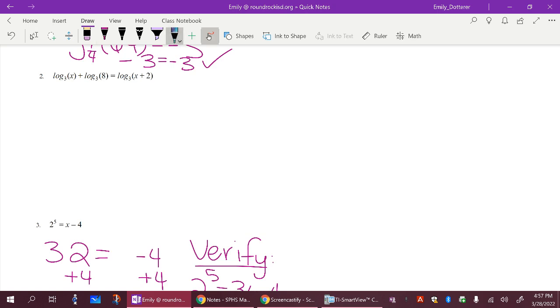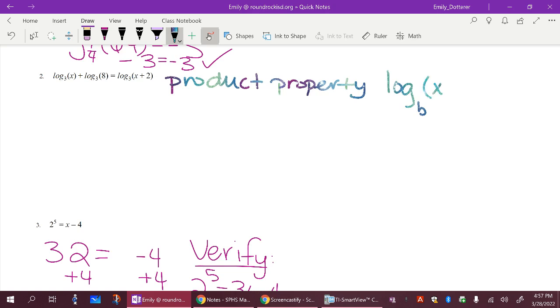That is the product property. That tells us that the log with whatever base of xy is the same thing as the log of that base of x plus the log of that base of y.